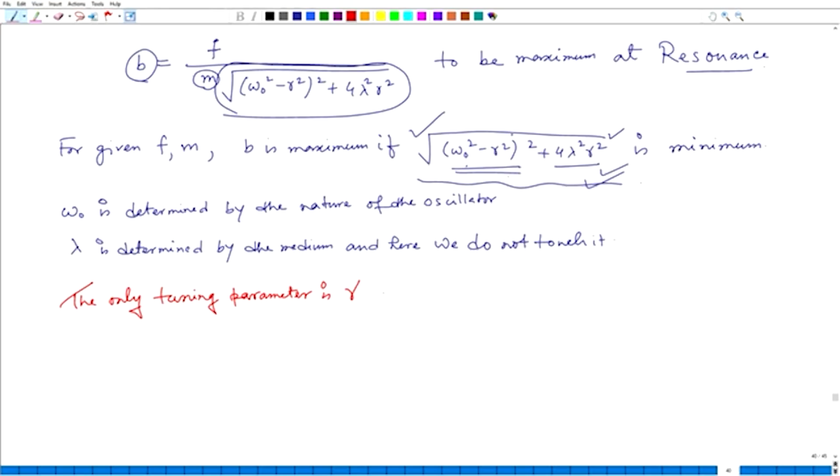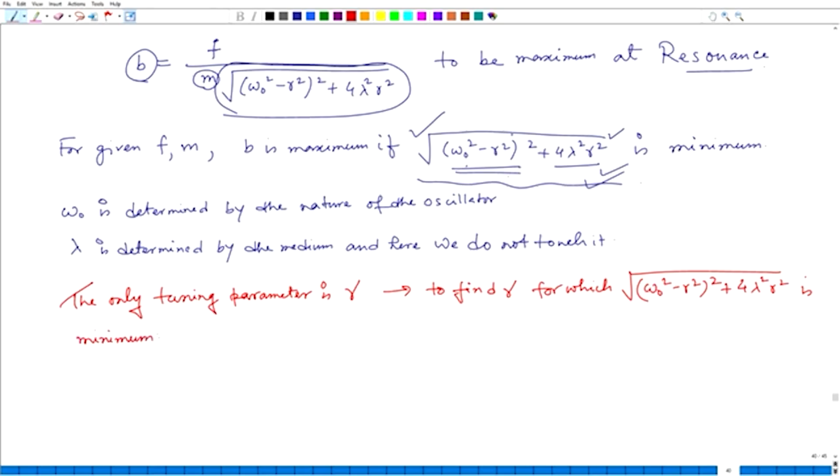So, that is why I have to actually find gamma, for which this root over omega 0 square minus gamma square whole square plus 4 lambda square gamma square is minimum.